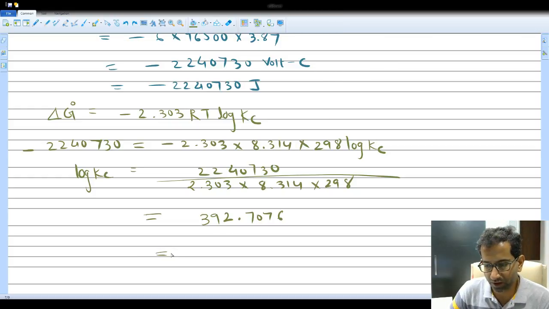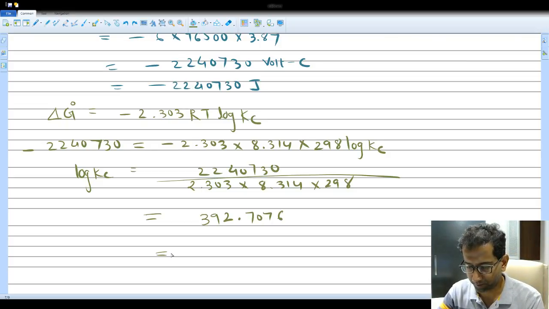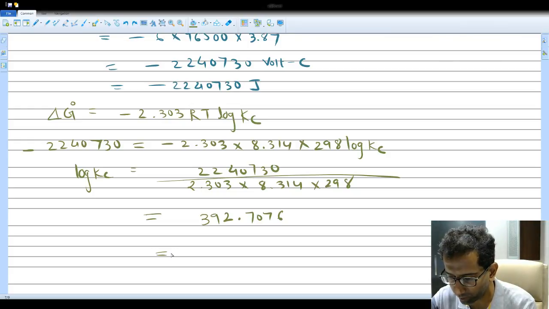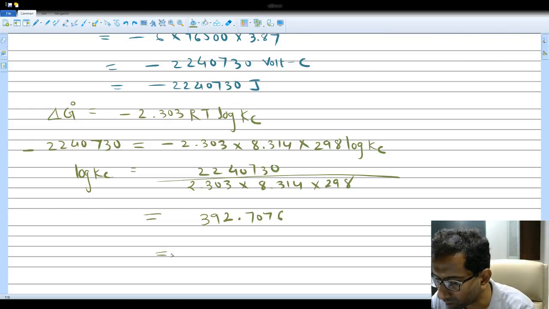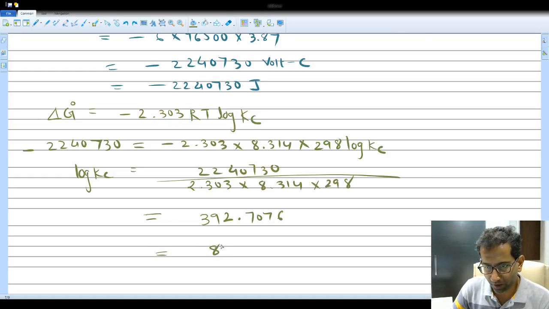Now antilog of this 0.7076 is 5.098, so 5.098 into 10 raised to 392.